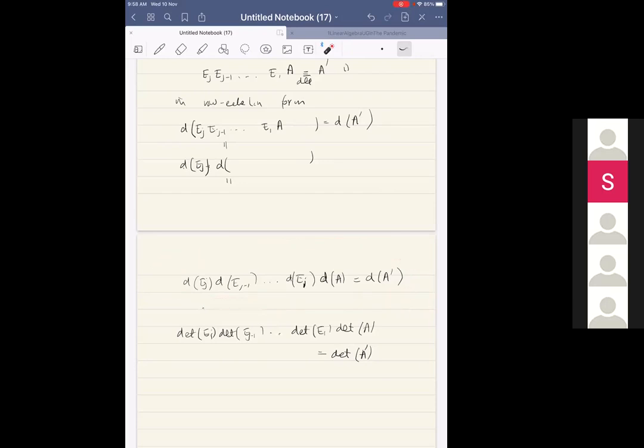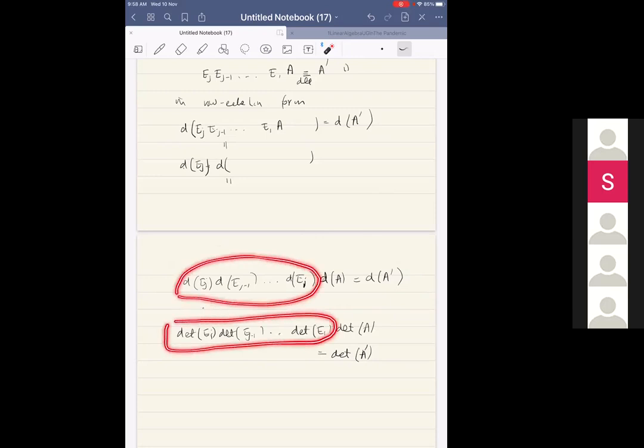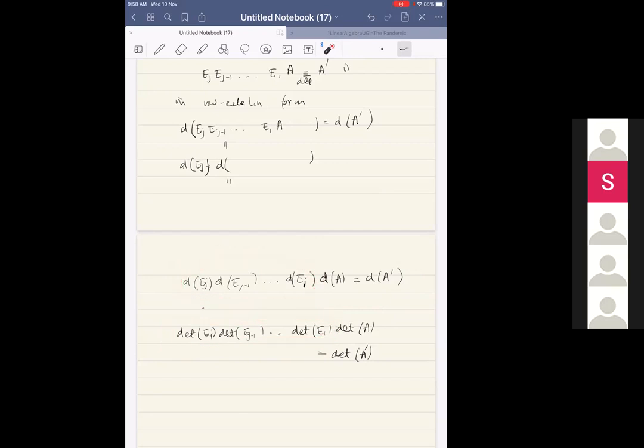On the other hand, on elementary matrices, these numbers are all equal to these numbers. And on row echelon matrices also, the value of D and det agree. So this is equal to this. Therefore, this is equal to this.